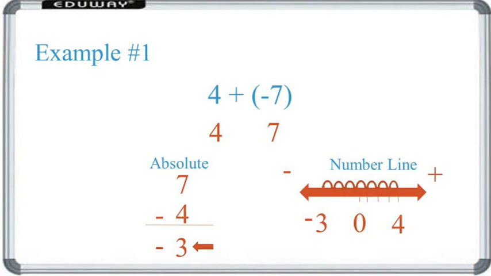The number line method will also give us an answer of -3, but we are just going to take different steps. I'm going to start with the 0 on my number line. When I'm working with the number line method, I'm going to remember that this is really a sentence. This sentence tells me something.